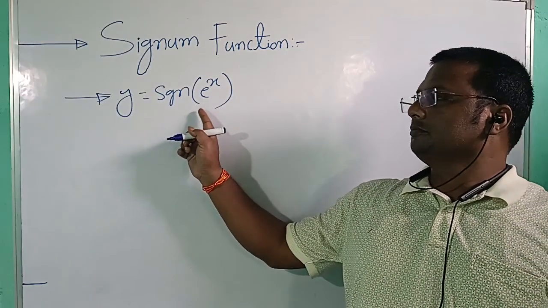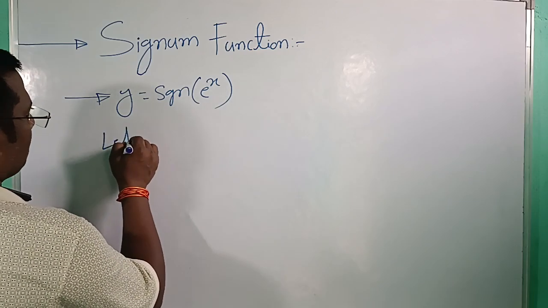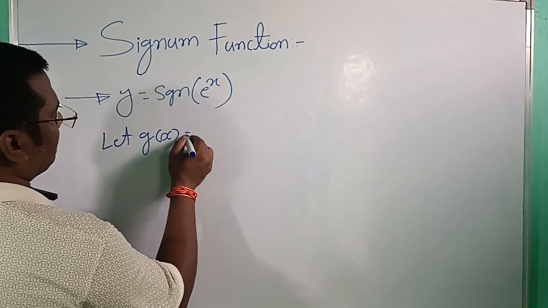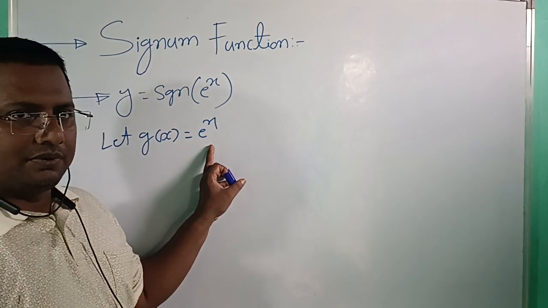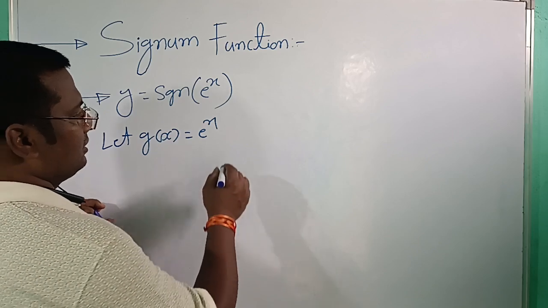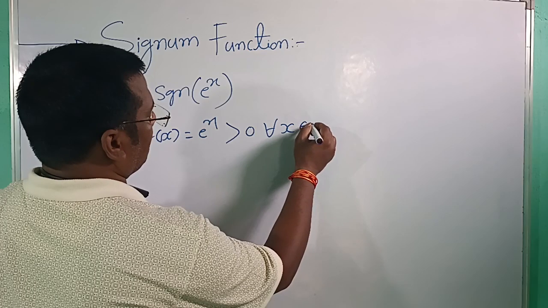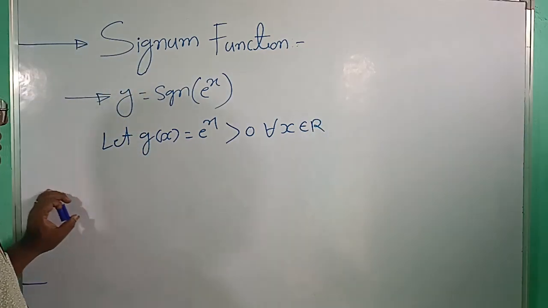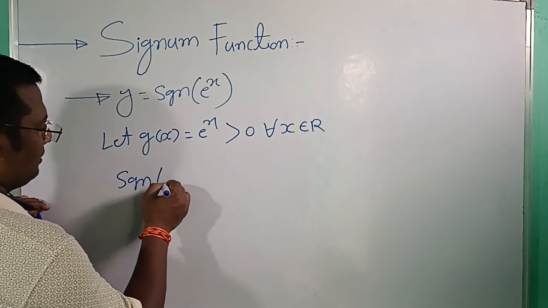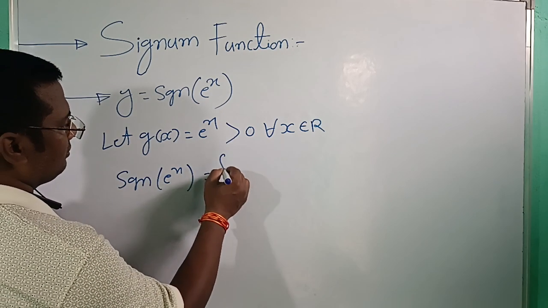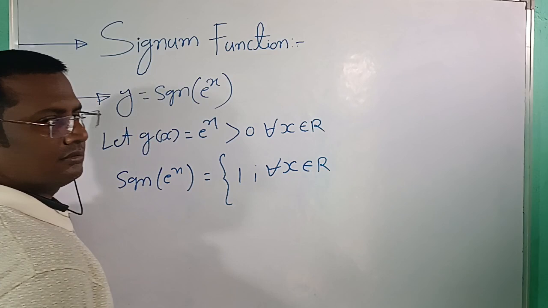Now signum of e power x. Let g of x equal to e power x. And we know very well about this function. This is the exponential function. It is greater than 0 for all x belongs to r. So signum e power x equal to 1 for all x belongs to r.